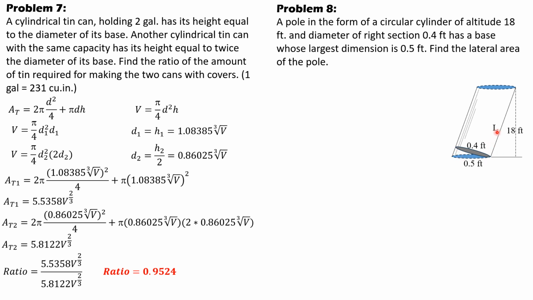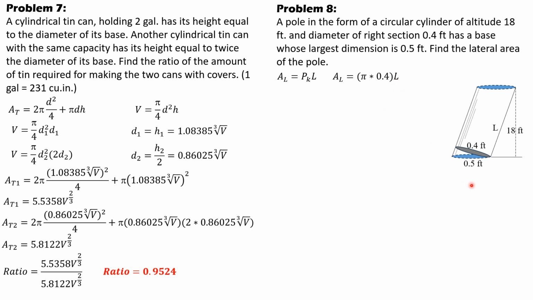And to solve for L, we have to obtain the ratio of opposite to hypotenuse. So the lateral area is perimeter of the right section times L, the lateral edge. Since the perimeter of the right section is the circumference of a circle of diameter 0.4, it is pi times 0.4 times L. So that's the working equation.